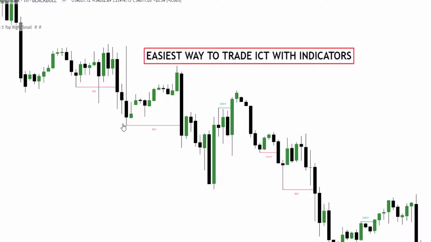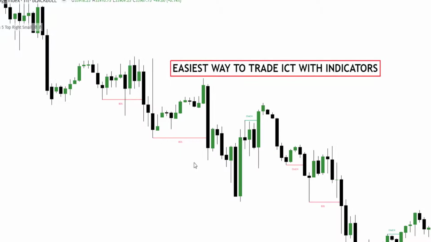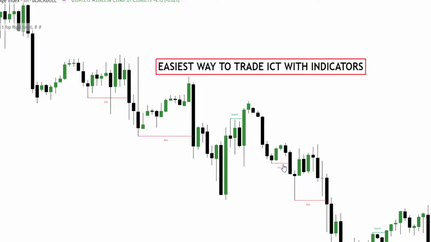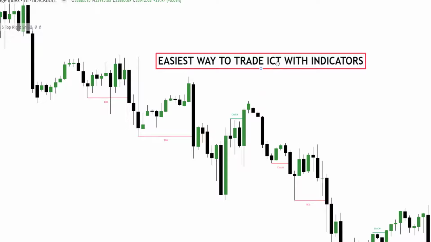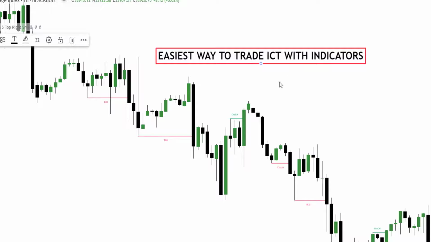Market structure is king. As you can see right here, break of structure. This is change of character, also known as market structure shift. That is when price has completely changed direction from moving in a particular direction.